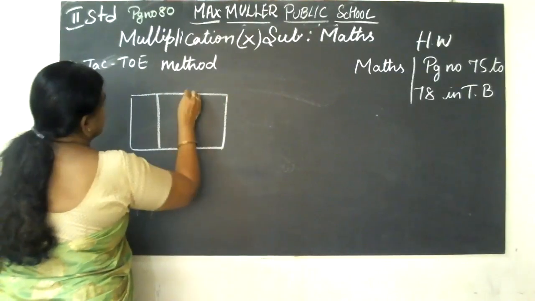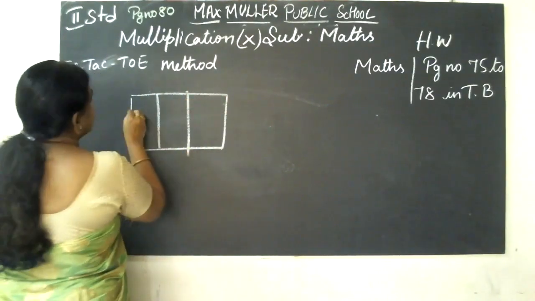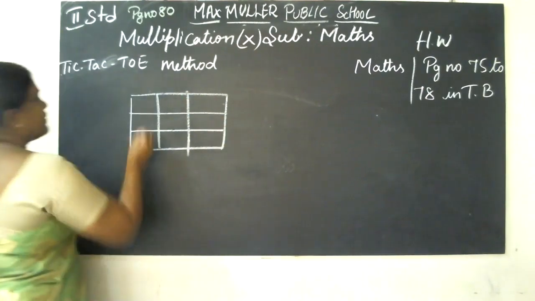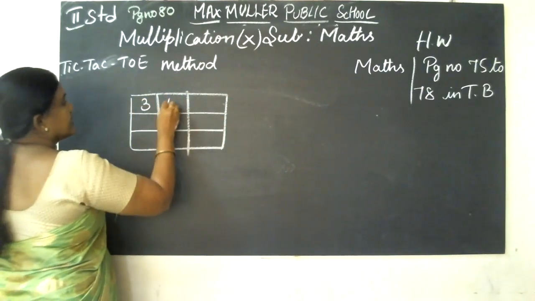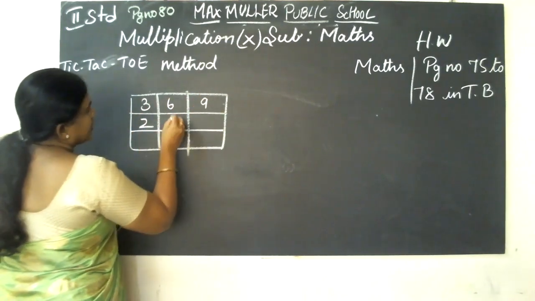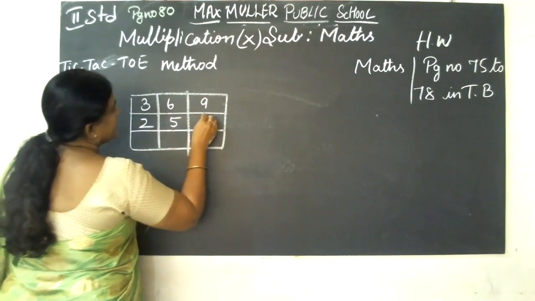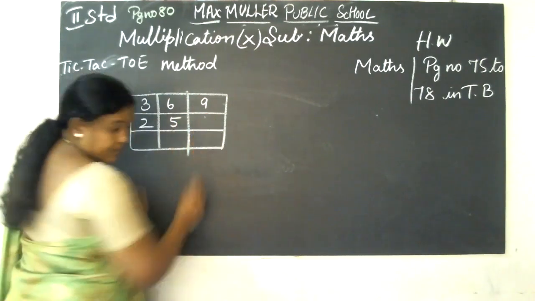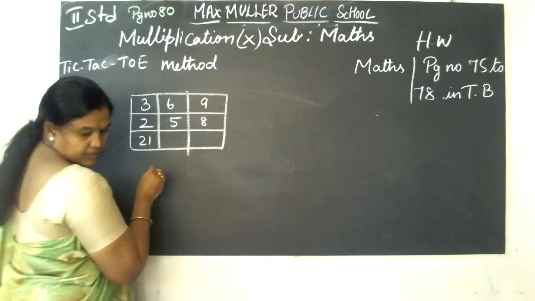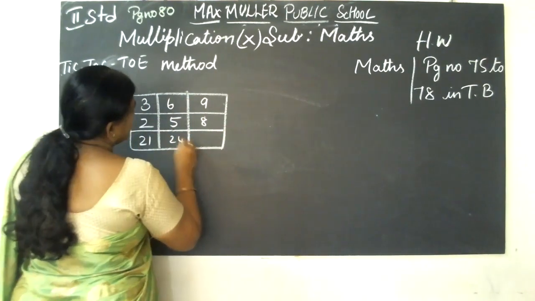First we will write only 3. 3 ones are 3, 3 twos are 6, 3 threes are 9, 3 fours are 12, 3 fives are 15, 3 sixes are 18, 3 sevens are 21, 3 eights are 24, 27.